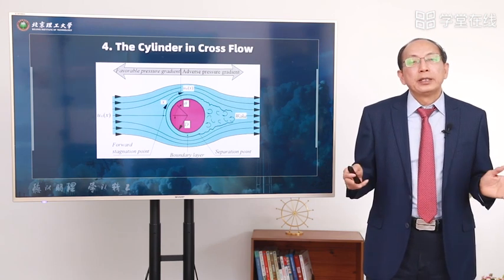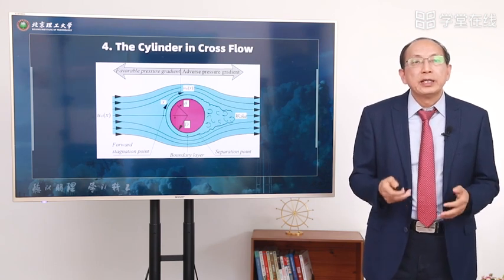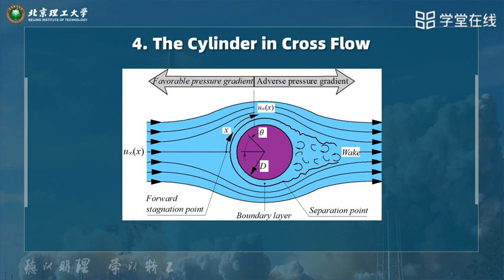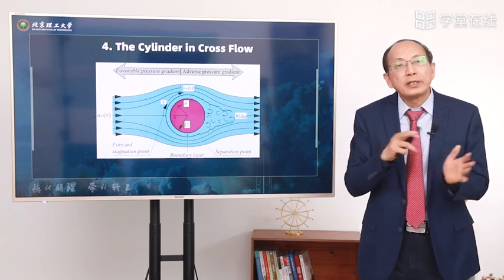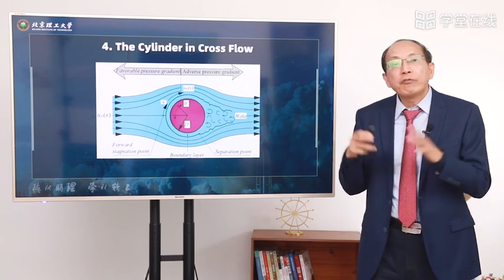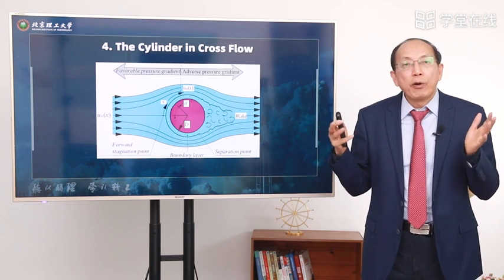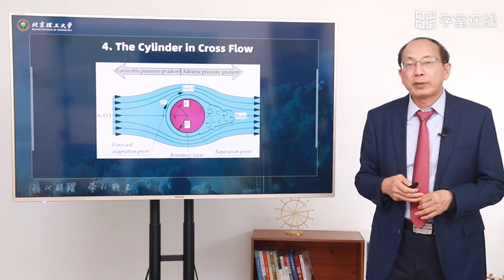Okay, in Section 4 we discuss the cylinder in cross flow. For example, here is a cylinder, with some working fluid flowing over the cylinder. We can find the flow rate and flow pattern. There is some difference from the flat plate.